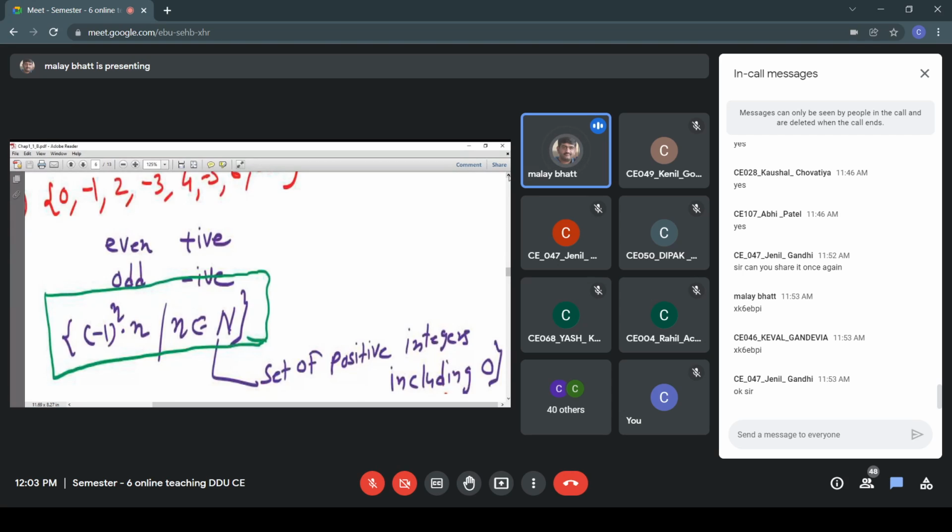Similarly, when you take n equal to 3, (-1)^3 gives you -1, which is multiplied with 3, so you'll get -3. That is how you will get all the elements of this infinite set, starting with 0.